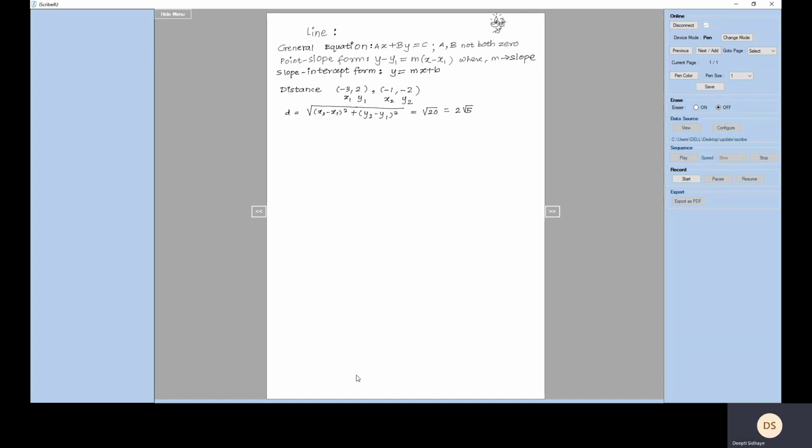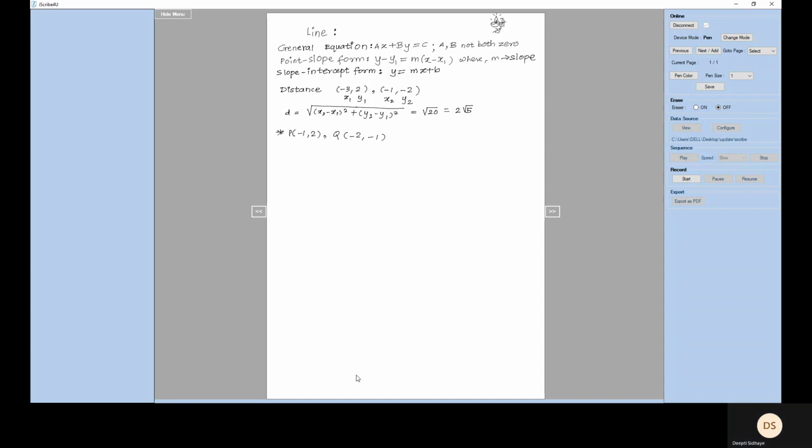Now let us move on to the next question. Imagine that you have been given 2 points, (-1, 2), which you can denote as P, and the point Q, given as (-2, -1), and you want to find the slope. How will you go about it?